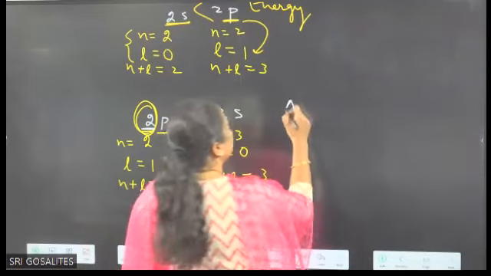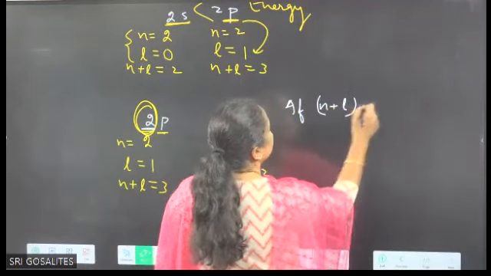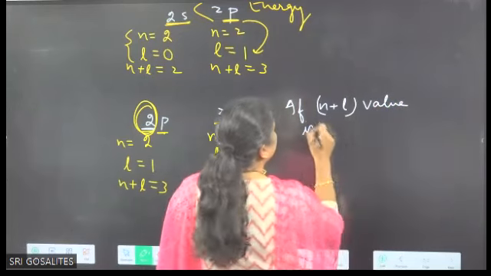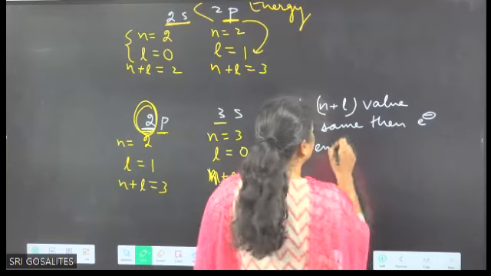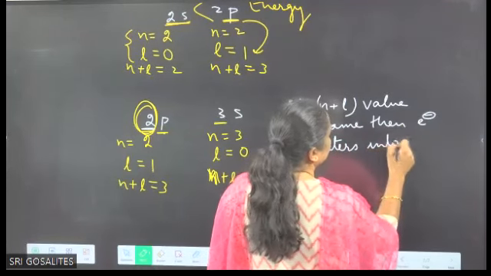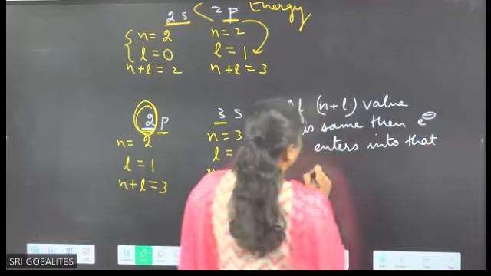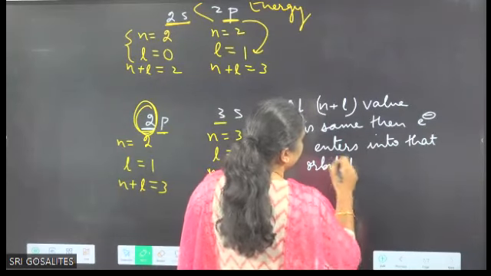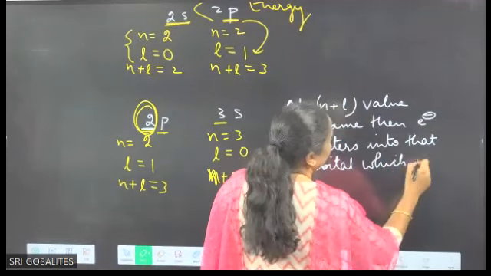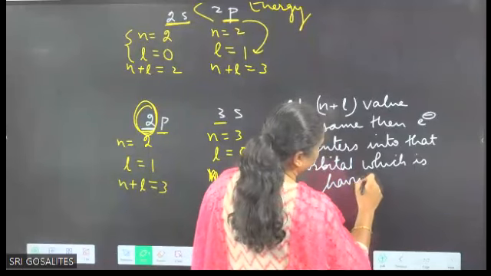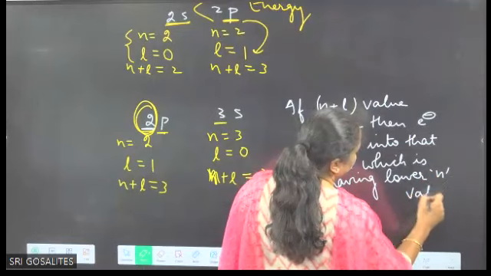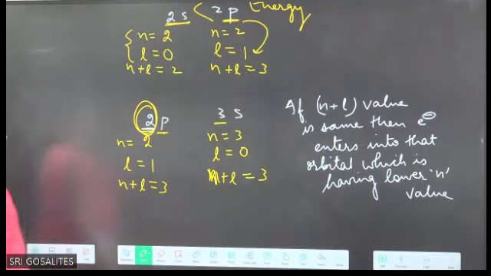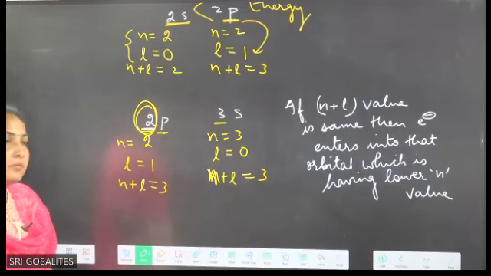So if the N plus L value is the same, then the electron enters into that orbital which has the lower N value. Now out of 2P and 3S, where should your electron enter? 2P, right?